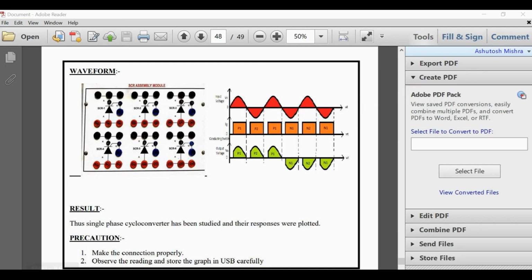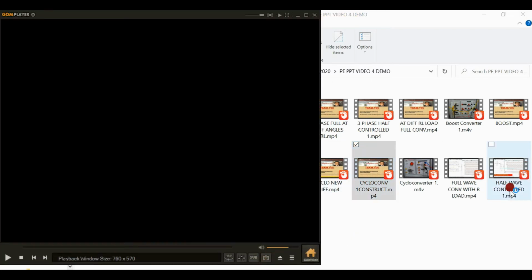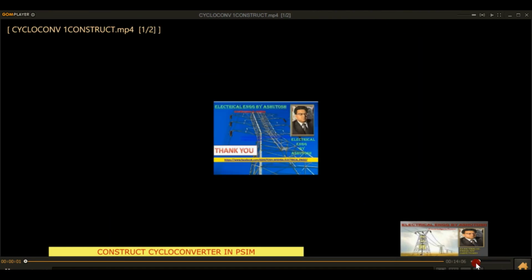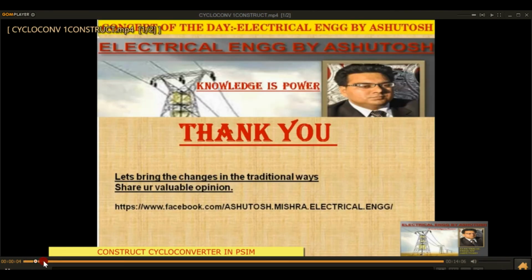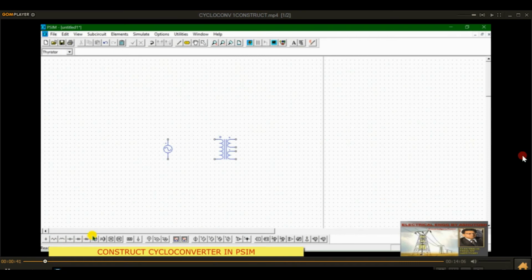So see here, cycloconverter. First we will see how you construct the circuit diagram. This is very simple in PSIM. Here you will select the AC source, then the transformer, you will get the transformer windings. Then you have to form the center tapping.